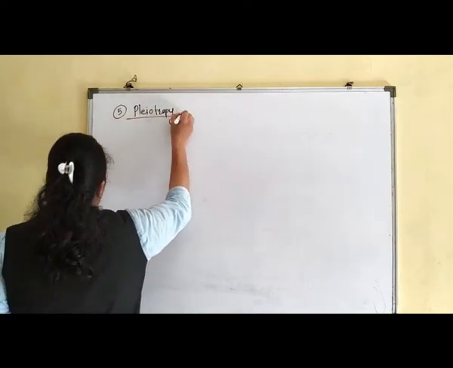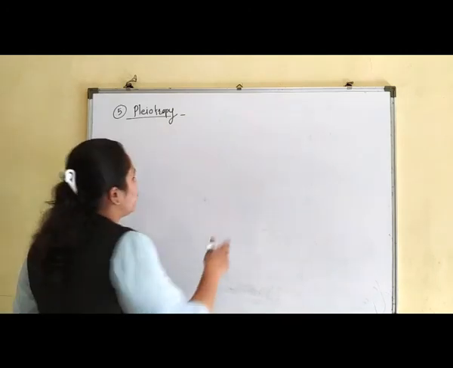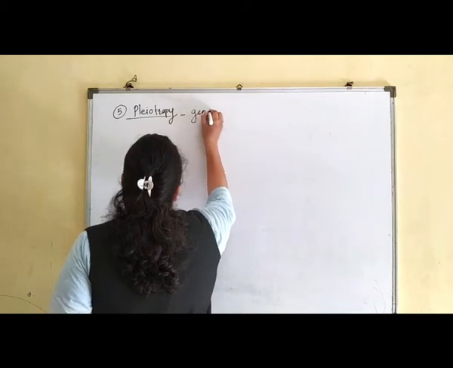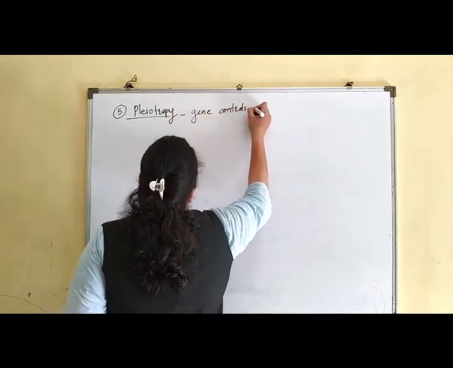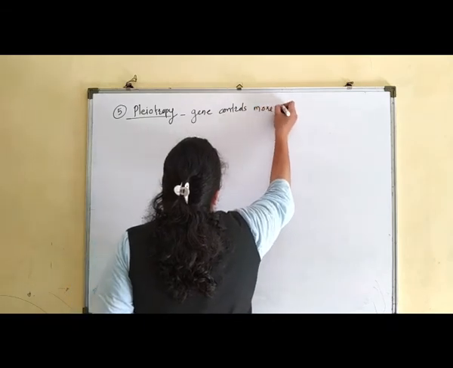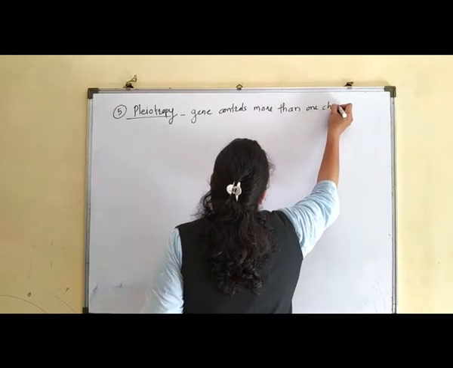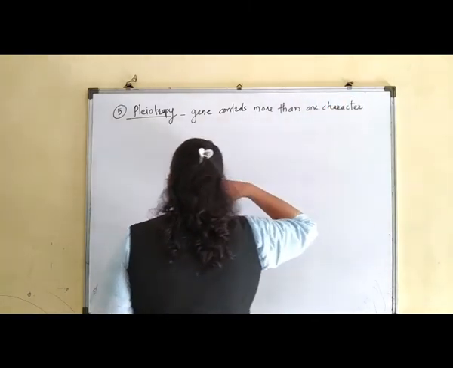So the fifth one is pleiotropy. Pleiotropy means a gene controls more than one phenotype or more than one character. A single gene controls more than one character.